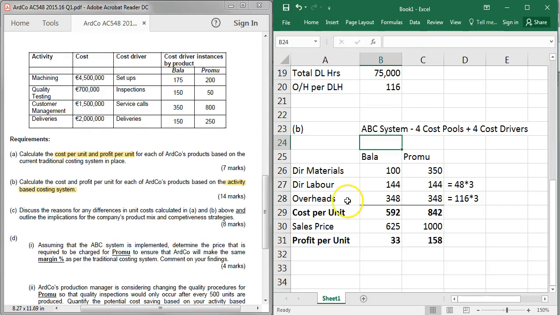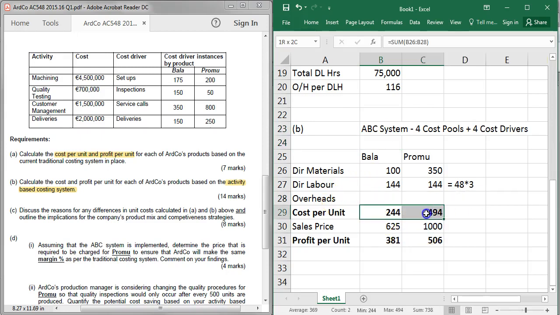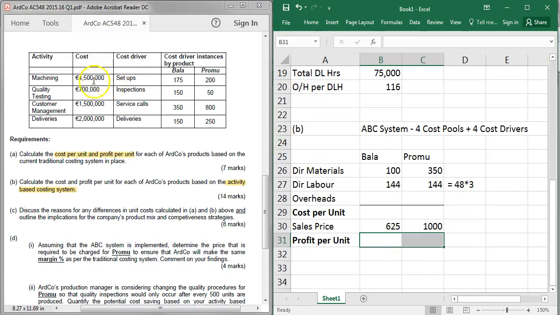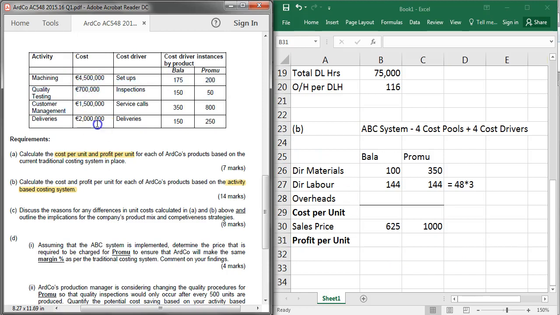So we're saying it's not good enough just to allocate those overheads based on direct labour hours, because the logic is that 8.7 million, which is these 4 figures here, they're actually distinct activities that are going on in the overheads. And the logic of ABC says, well, let's look at what's driving the overheads rather than looking at a single cost pool.